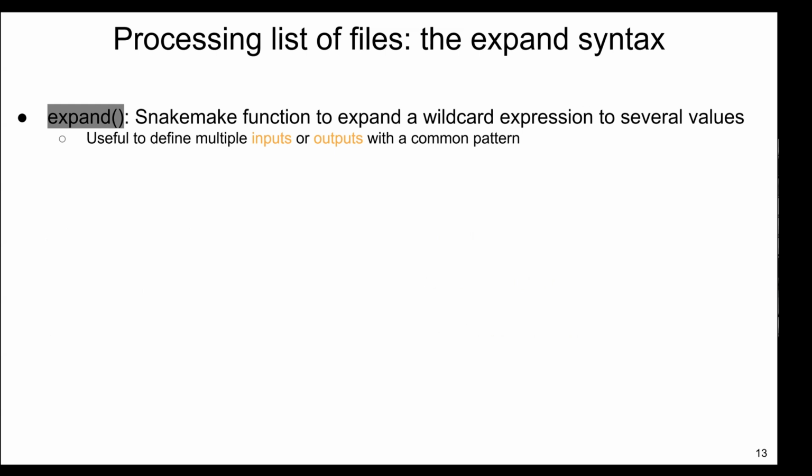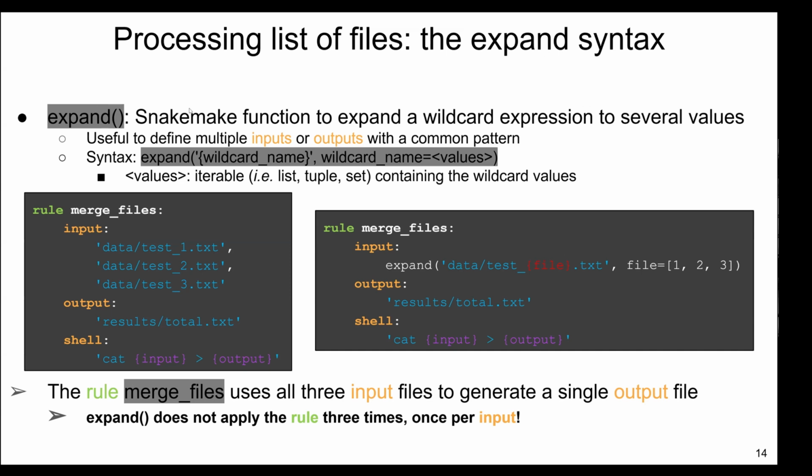It's especially useful when you want to define multiple inputs or outputs that have a common pattern. The syntax is expand with parentheses, then the wildcard name, and then you give the values of this wildcard. Values have to be a Python iterable, so a list, a tuple, a set, something like this.